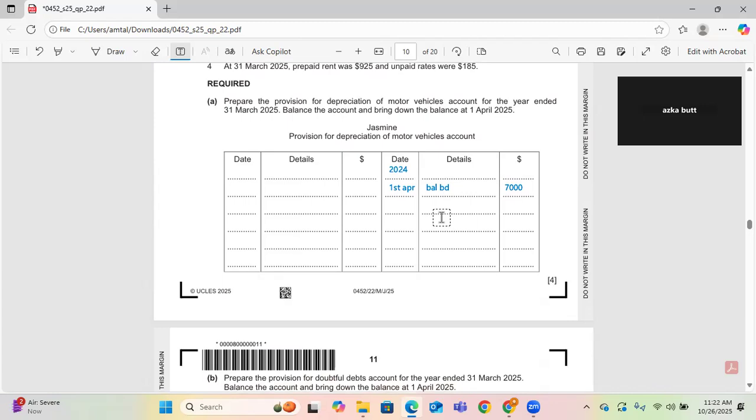This is the year end, which is 31st March 2025. Income statement, 6,750. Okay, done.